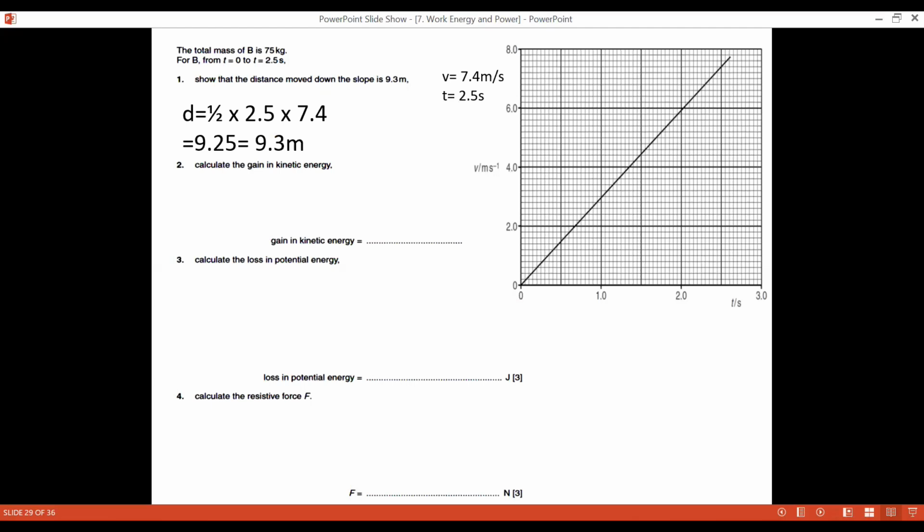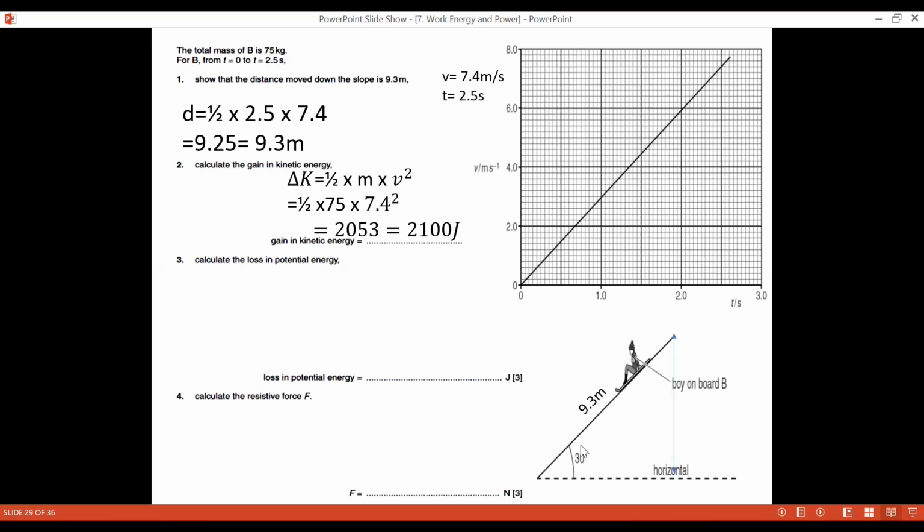Gain in kinetic energy is half mv squared. Initial velocity was 0, final velocity 7.4. Mass is given as 75. Loss in potential energy is mgh.